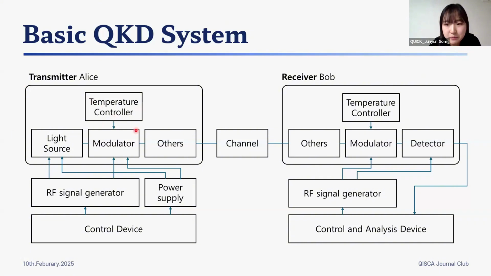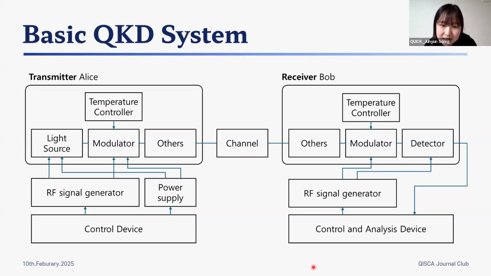So we also need this temperature controller to maintain stability. Other components in this setup may include interferometers or polarization controllers, circulators, or various other optical devices. The exact configuration depends on what QKD system you're using, so it really varies.